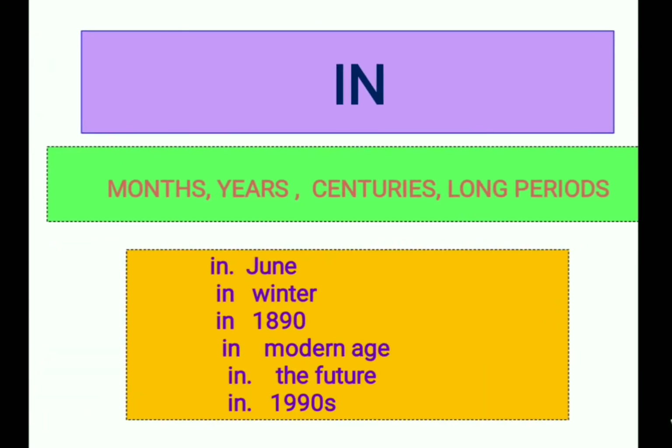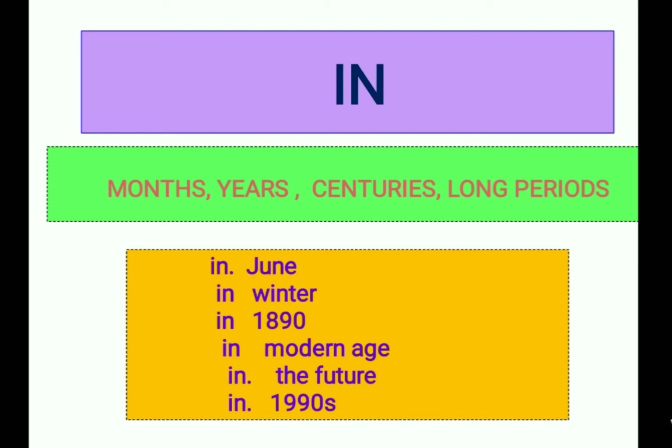Now we have in. Right now I said it is used for months, years, centuries and long periods. For example, in June, in winter, in 1890, in 1999, in 2000, in 2001, in 2020, in modern age, in the future, in the 1990s.